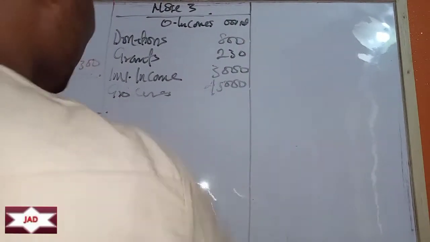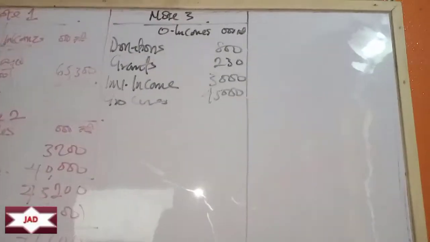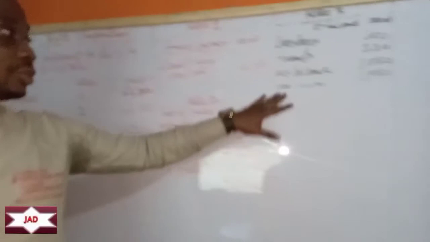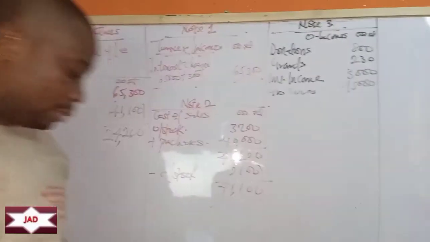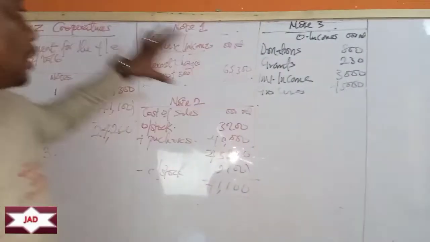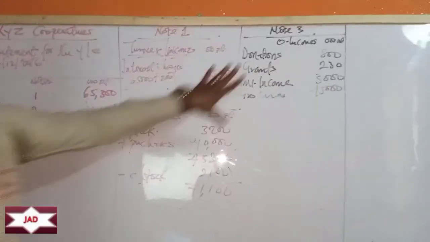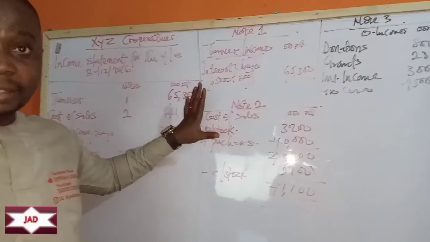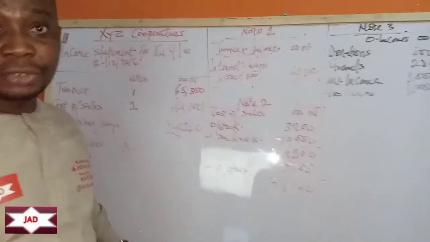45,000. Now remember that in some instances, in reporting these grocery sales, it is possible for some accountants to make it part of your turnover instead of putting it as other income. There's nothing wrong with that. It still will give you the same end result.